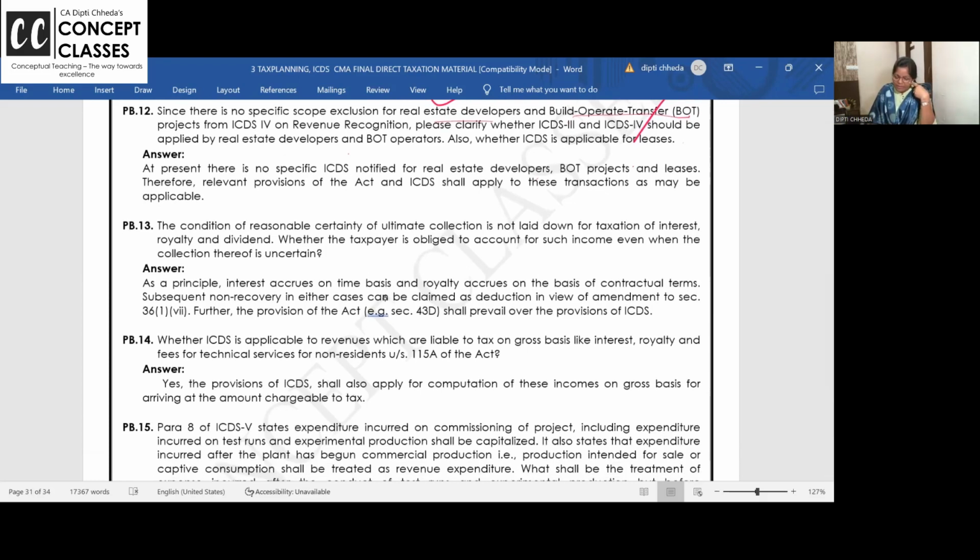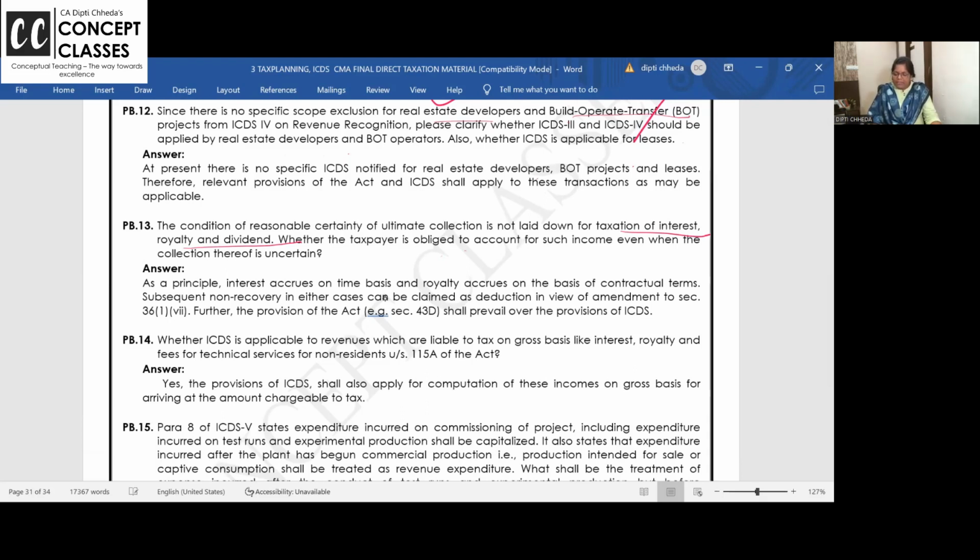Conditions of reasonable certainty of ultimate collection are not laid down for taxation of interest and royalty. Whether the taxpayer is obliged to account for income even when collection is uncertain. Generally, all these incomes are taxable on due basis, and still if there is a doubt whether interest will be received or not, then we can show it as bad debt, no?